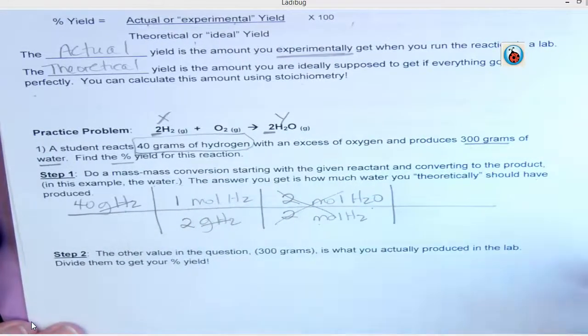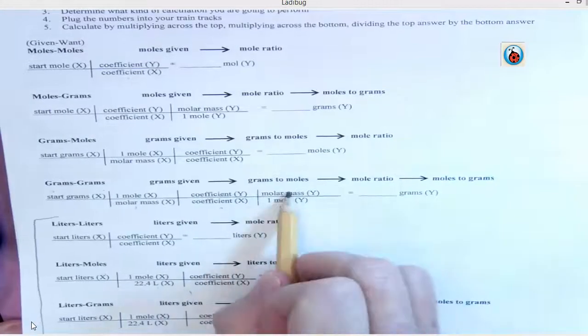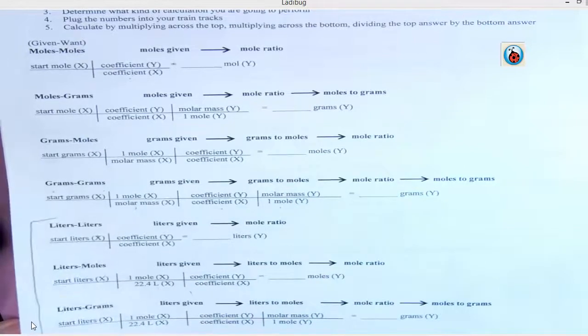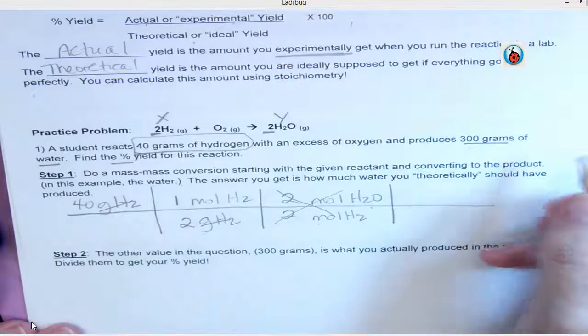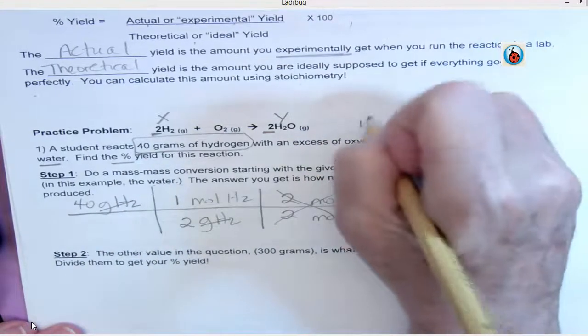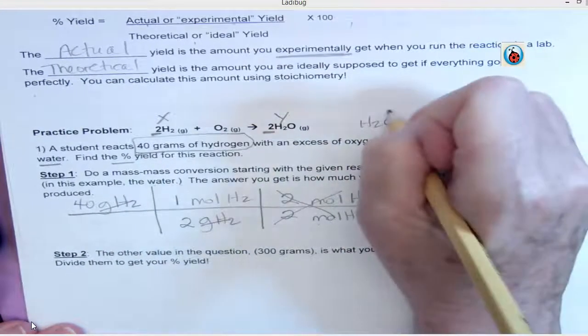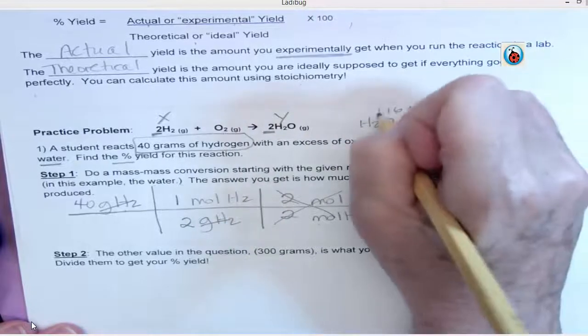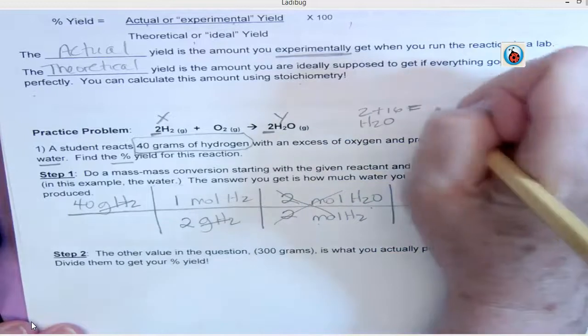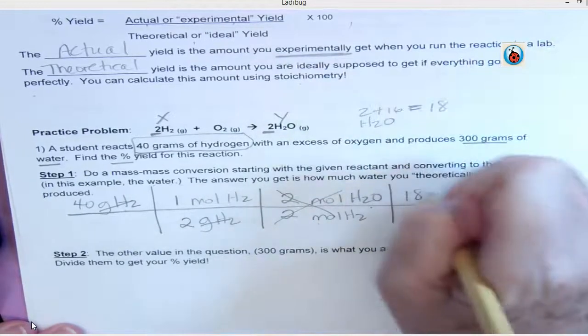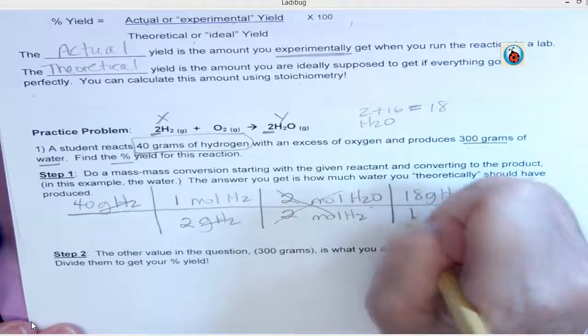And then I've got to convert moles back to grams by using molar mass of Y over 1 mole of Y. So water, H2O, I've got 1 oxygen plus 2 hydrogen, that's 18, so I'm going to have 18 grams of water over 1 mole.